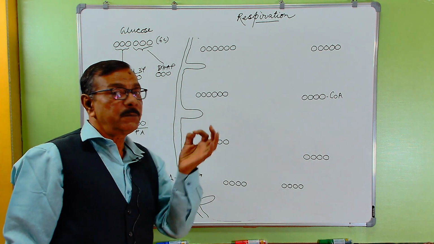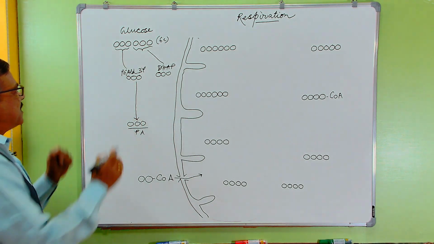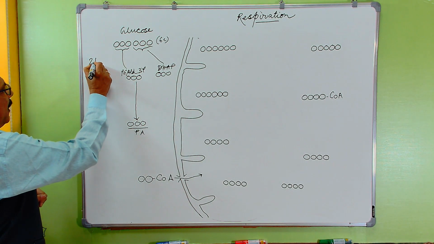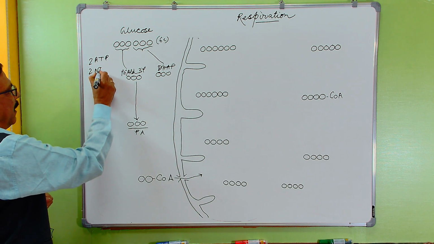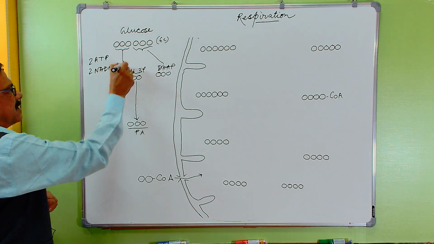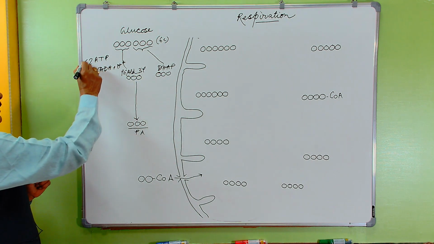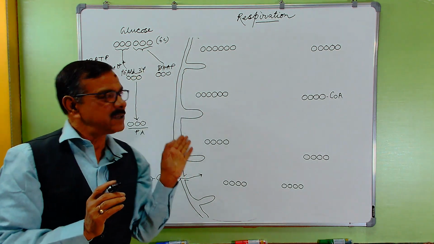Because we want to produce ATP, the energy currency. What we have produced here itself is 2 ATP and 2 NADH plus H plus. So these 2 are the products we have prepared in the glycolysis part.